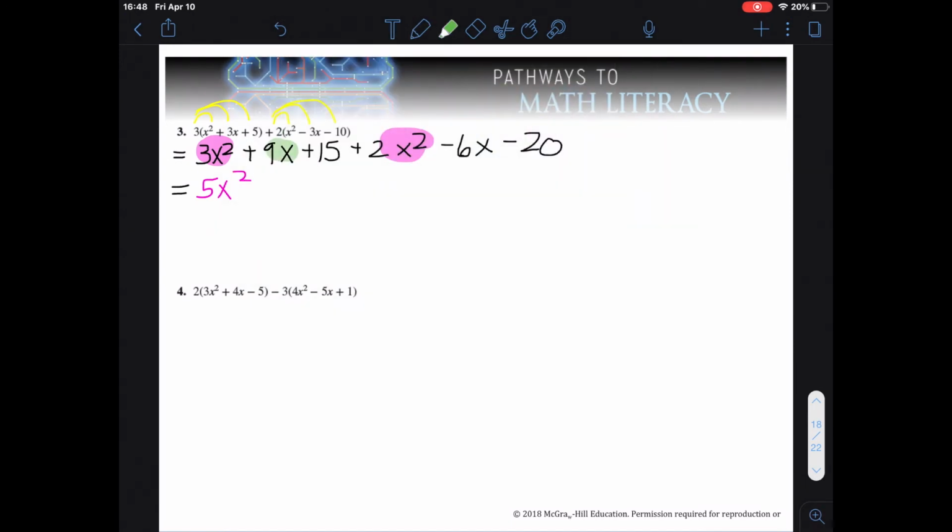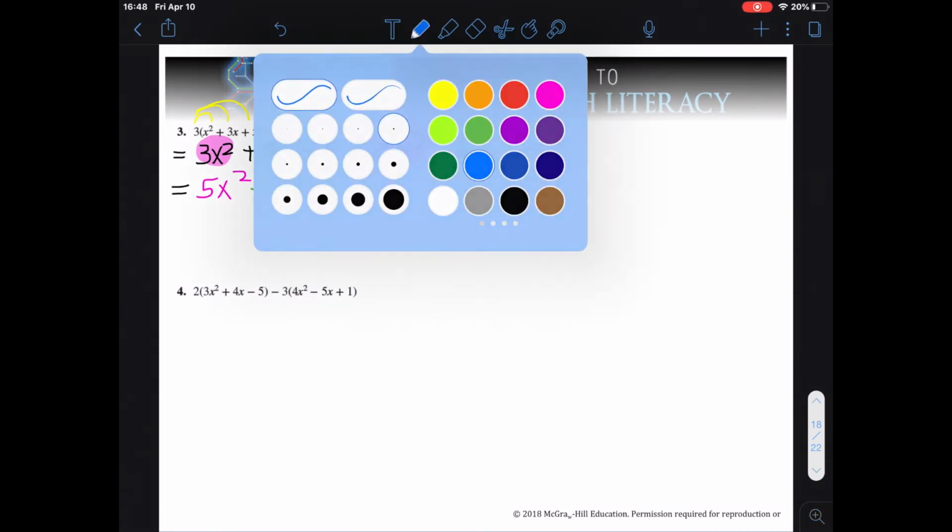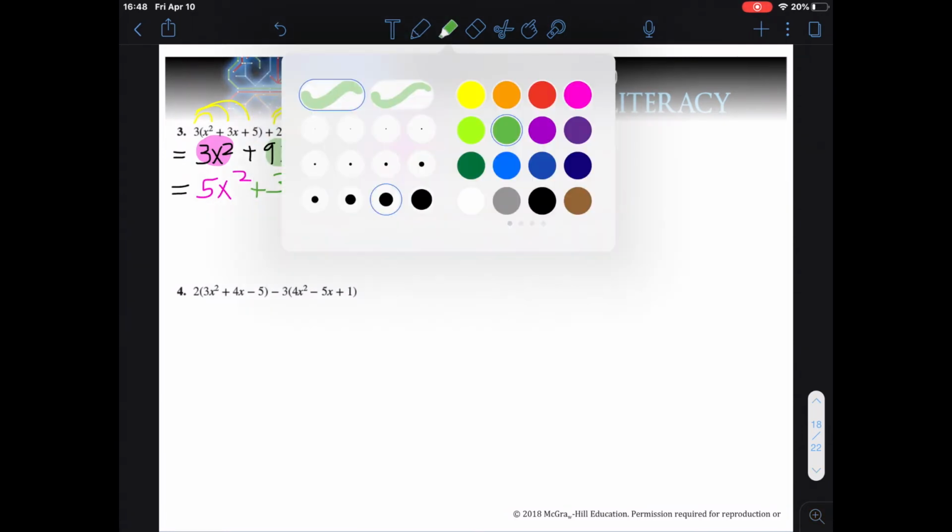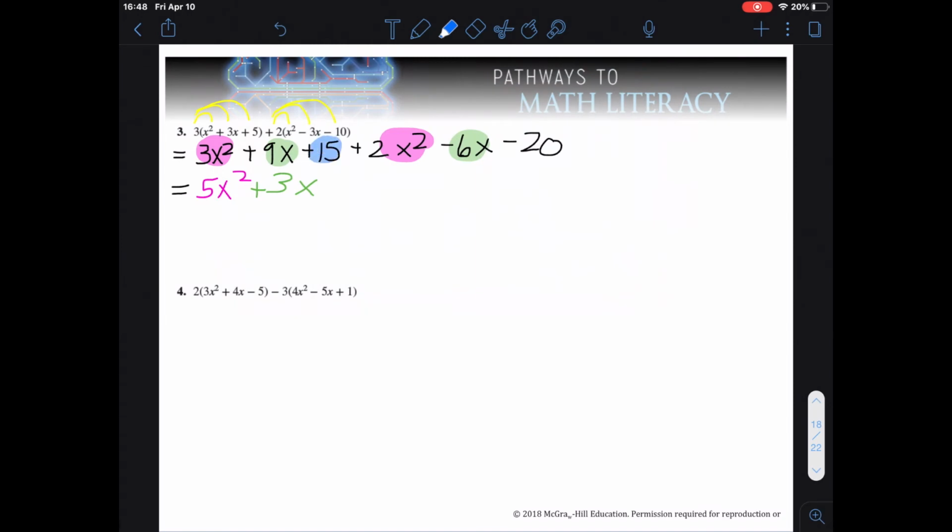And then I've got 9x. I'm getting rid of 6 of them. So in total, we have 3 x's. And then finally, if we look at our constant term, we have positive 15 minus 20. So negative 5 is our constant term.